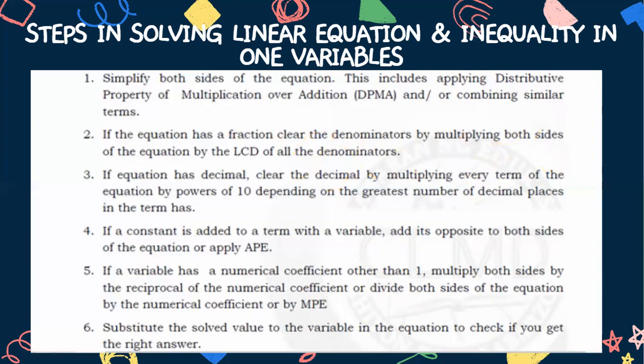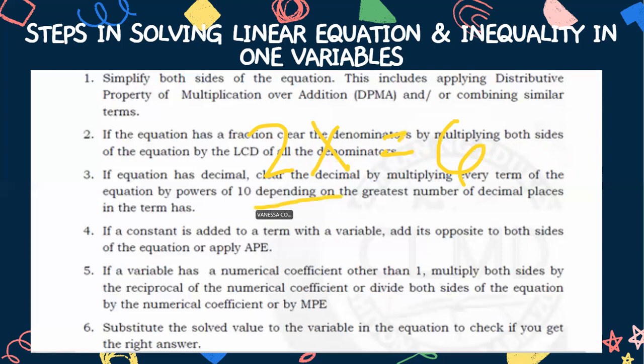Kapag meron daw pong numerical coefficient, example, 2x is equals to 6. Sabi dyan, if a variable has numerical coefficient other than 1, multiply both sides by the reciprocal of numerical coefficient or divide both sides of the equation by the numerical coefficient. So, kapag ganito po, may kasama yung variable natin. And then, ito na lang siya, 2x equals to 6. So, ang gagawin po natin, i-divide natin.